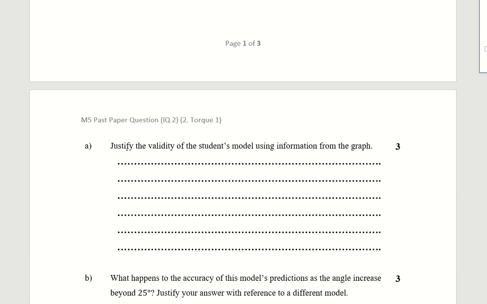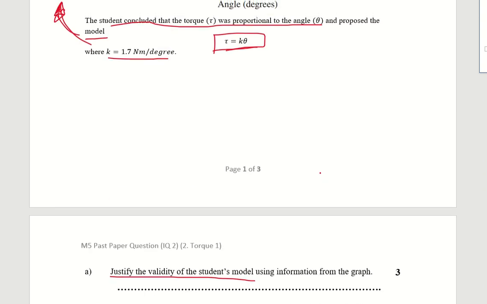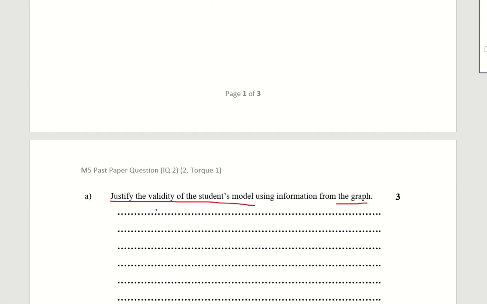So it says in this question, justify the validity of the student's model, again their mathematical model, using the information from the graph. So there's a couple of things. Firstly, if you are trying to justify the validity, there's a judgment: do you agree with the student's idea? Next bit is validity.